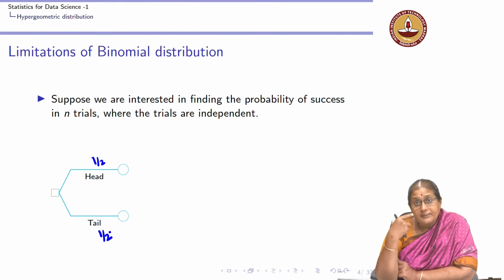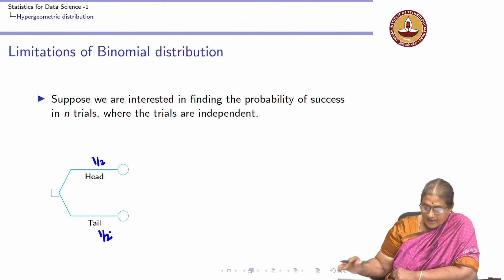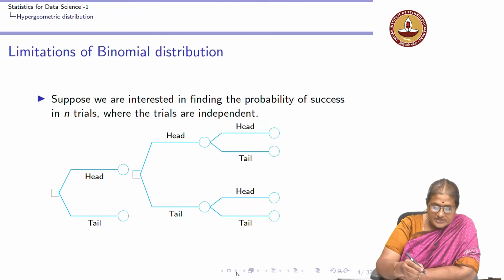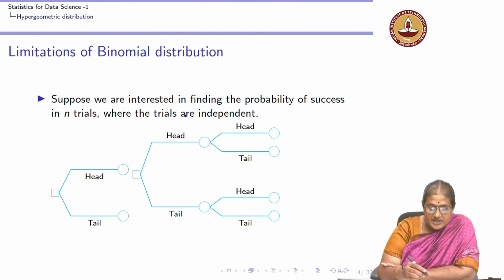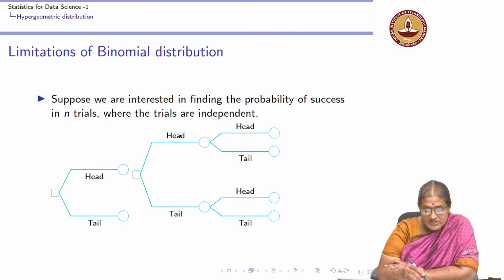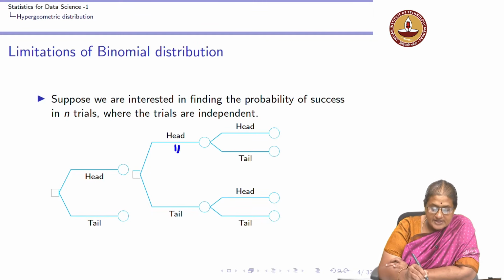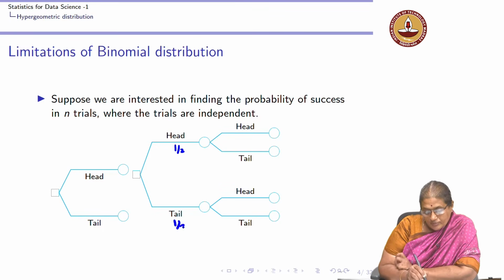If I repeat this trial, I am going to have two trials of this Bernoulli experiment. The first trial has an outcome which is head or tail, with equal probability half and half.